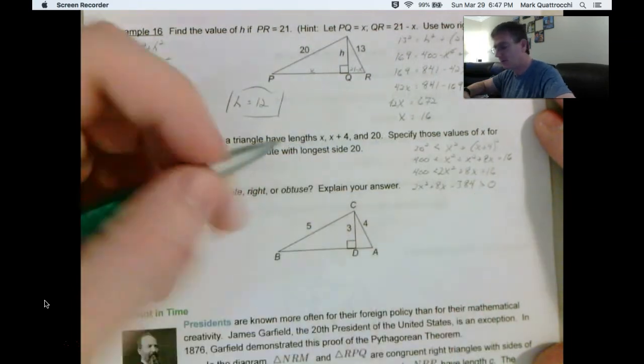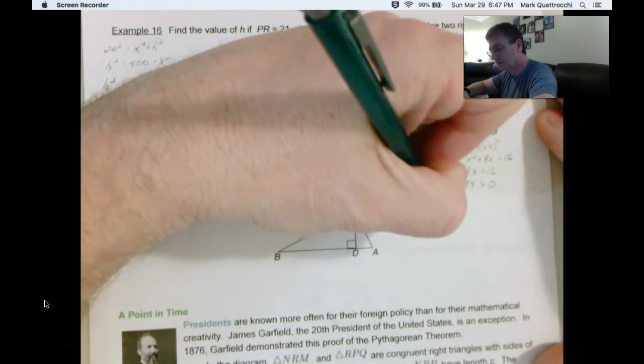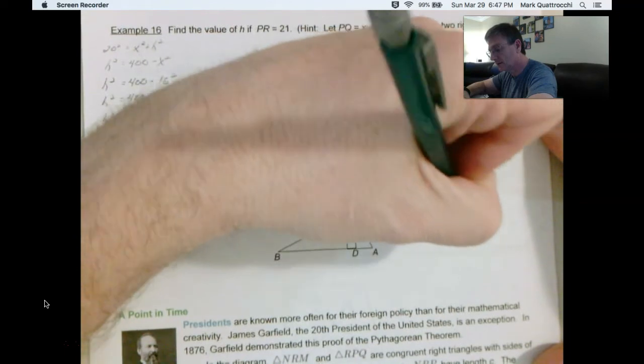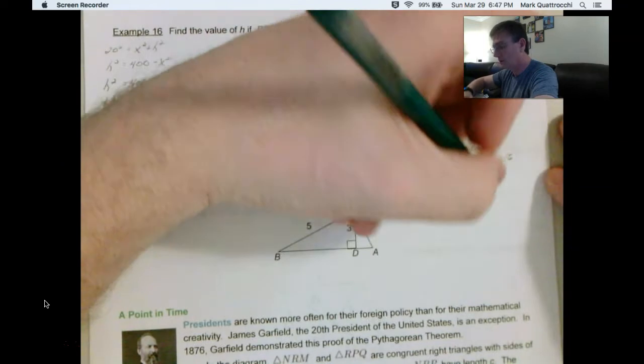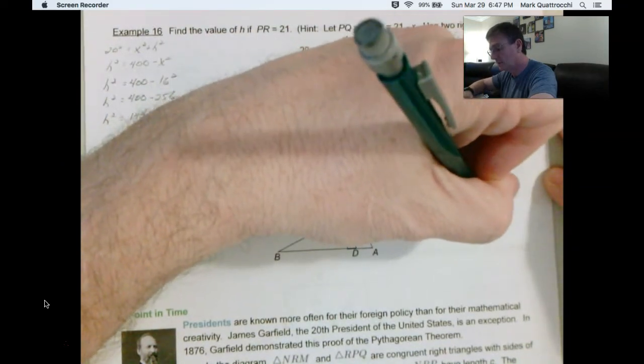Divide everything by 2 to make things a little bit easier. x squared plus 4x minus 384 divided by 2, 192, greater than 0.